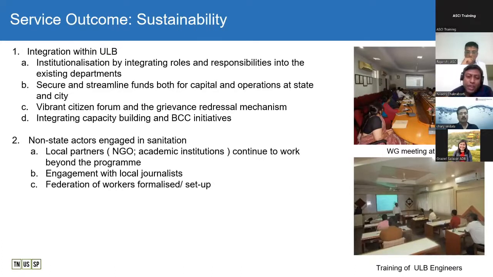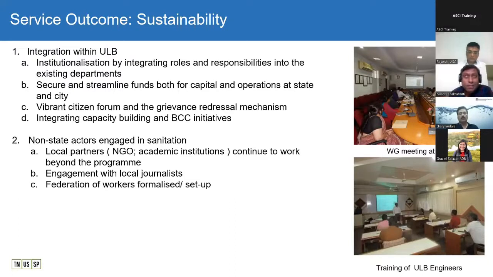We kept talking about the ULB and other departments, but while working we realized that non-state actors also play a very pivotal role, especially when we talk about sustenance: local partners. Partners may be NGOs or academic institutions, because they will be there beyond this project phase and can still continue many things.